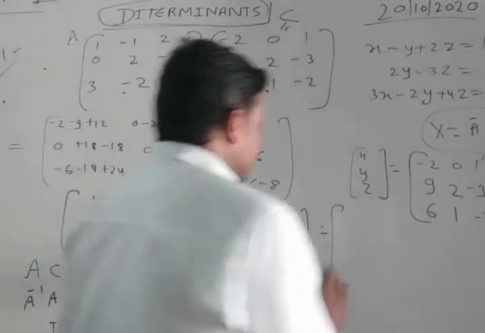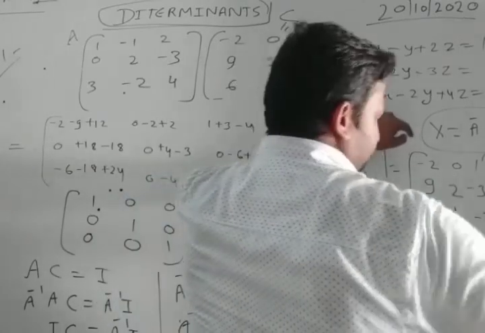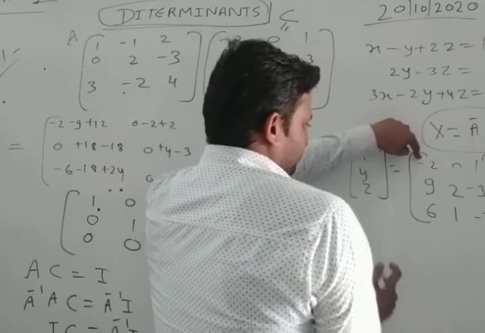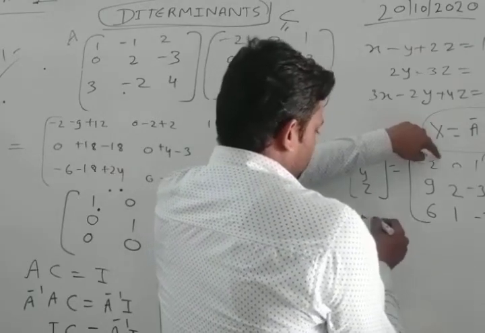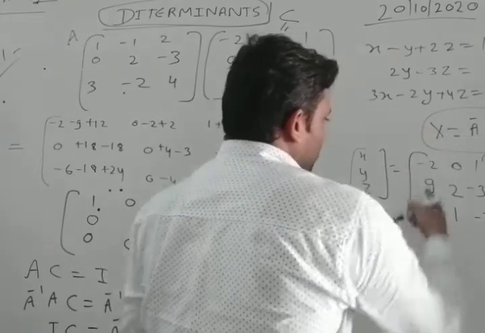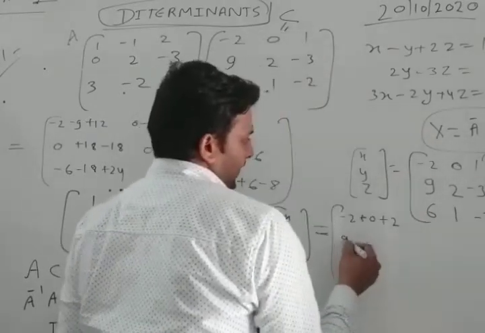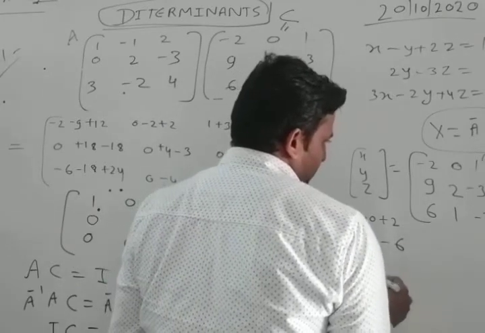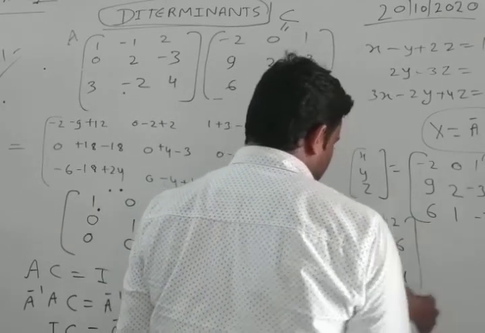So let's multiply this. First row, first column: minus 2 plus 0 plus 2. Again, 9 plus 2 minus 6. 6 plus 1 minus 4.